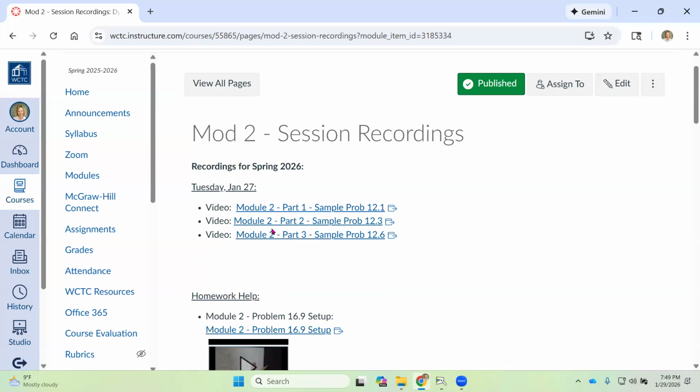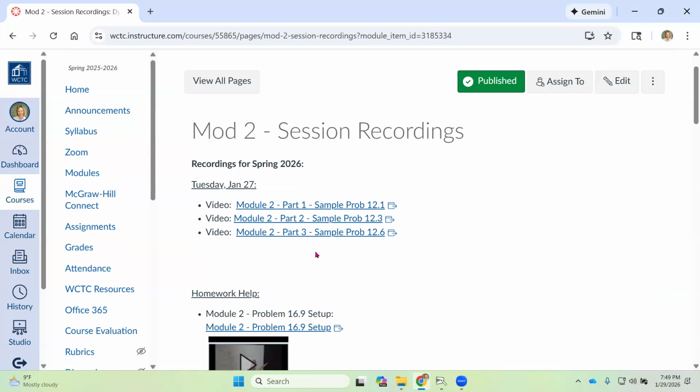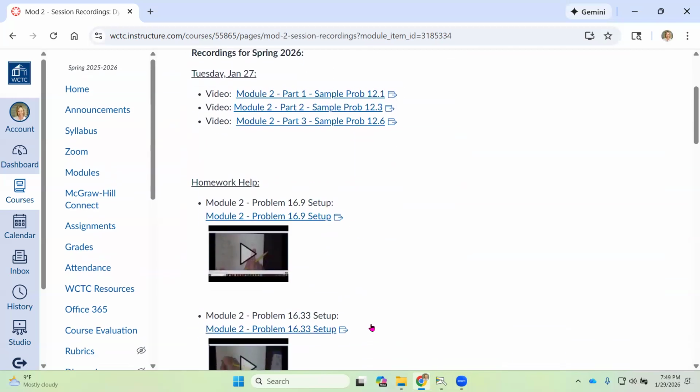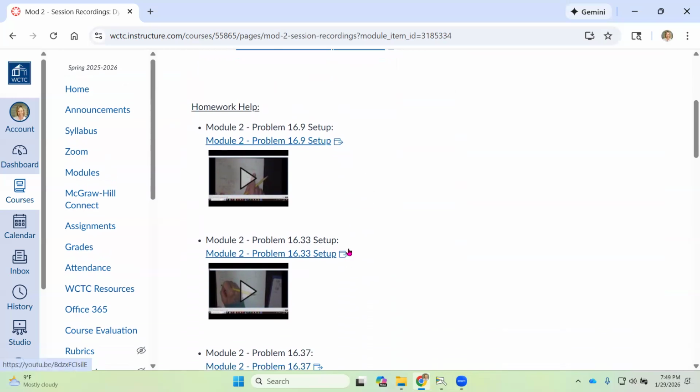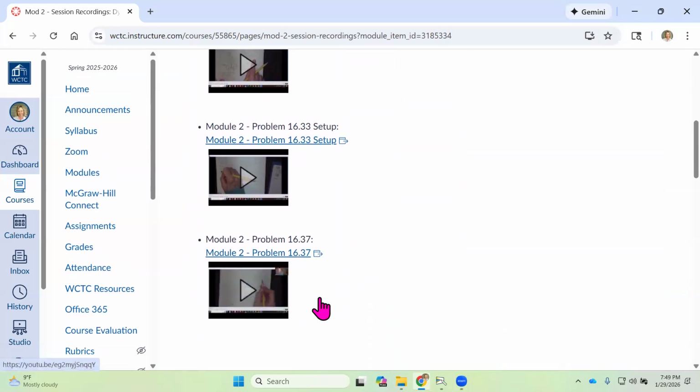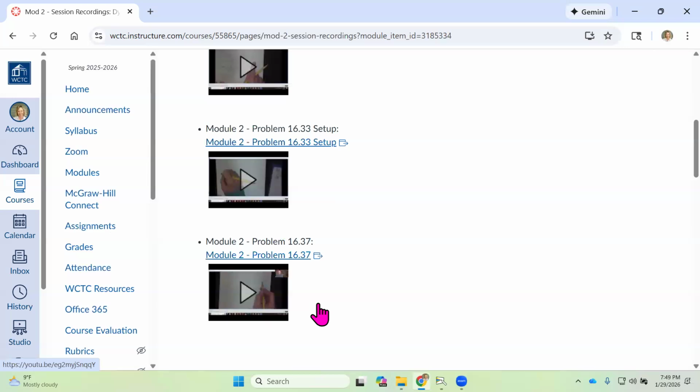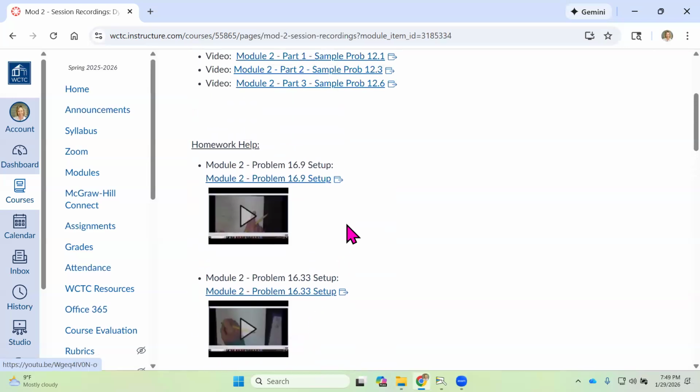I'm going to be adding the chapter 16 right below here that we did tonight, but I have 3 videos out here for homework help, and these are specific to problems 16.9, the setup, problem 16.33, the setup, not the whole problem, just the setup, but then number 37 is pretty much the whole problem. So I encourage you to go out and get those going. And if you do have any questions, take a peek at these.